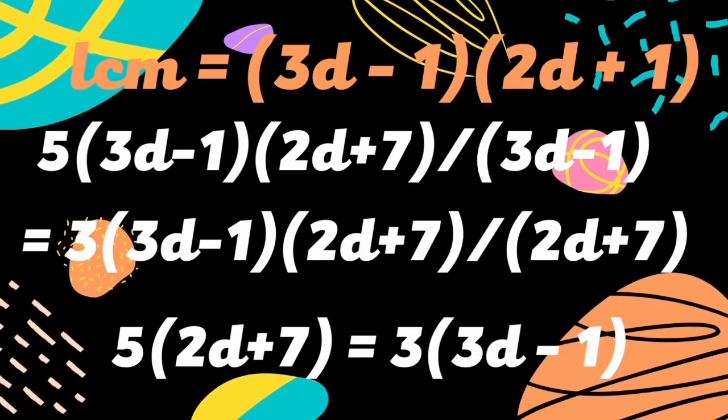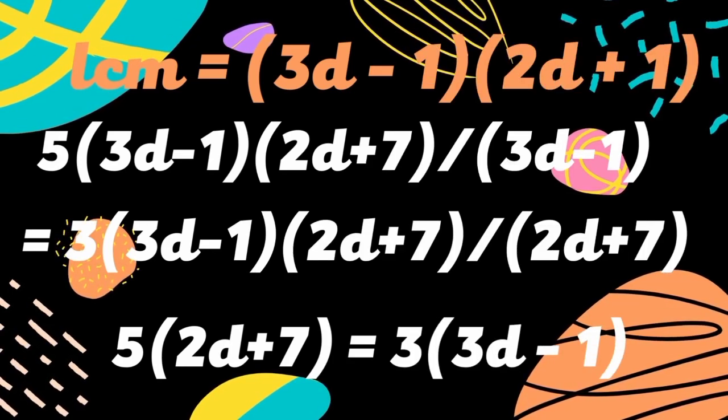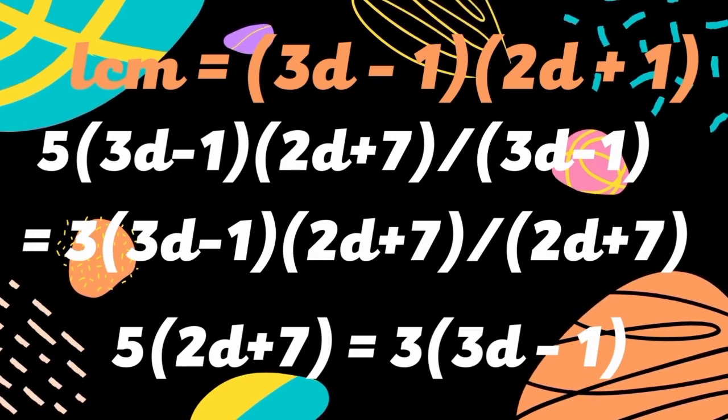So now we have gotten the LCM as bracket 3d minus 1 bracket 2d plus 7. So we multiply every term in that equation by the LCM. And when we do that, we now have 5 bracket 2d plus 7 is equal to 3 bracket 3d minus 1. So at this point, we'll have to open our brackets.